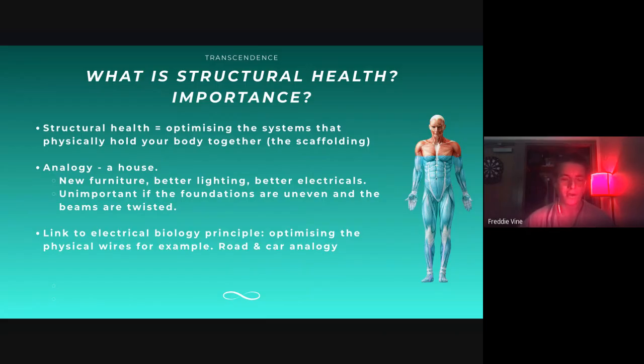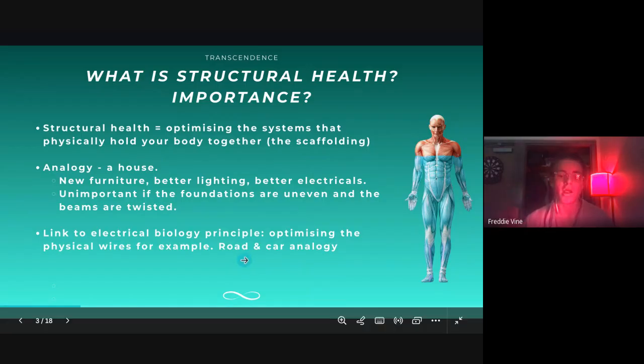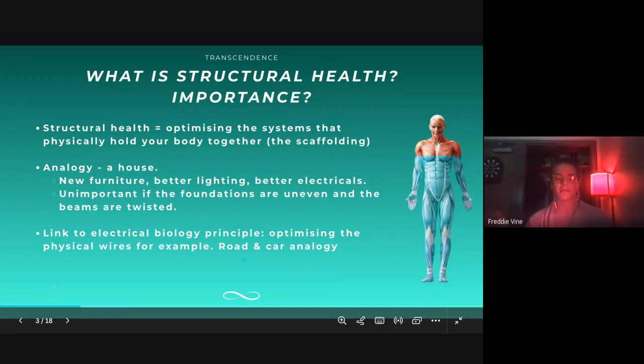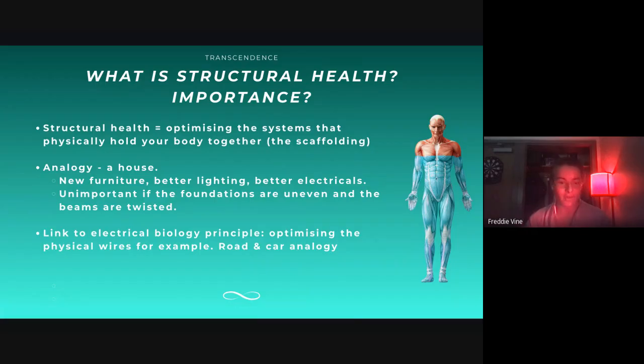So what we're doing is optimizing the actual wires. Imagine you've got a computer. What we've been doing so far is optimizing the electrical flow within the wires and everything within. But now we're looking at how we can optimize the actual infrastructure of the wire and of the computer, the shell of it. Another analogy is a house.